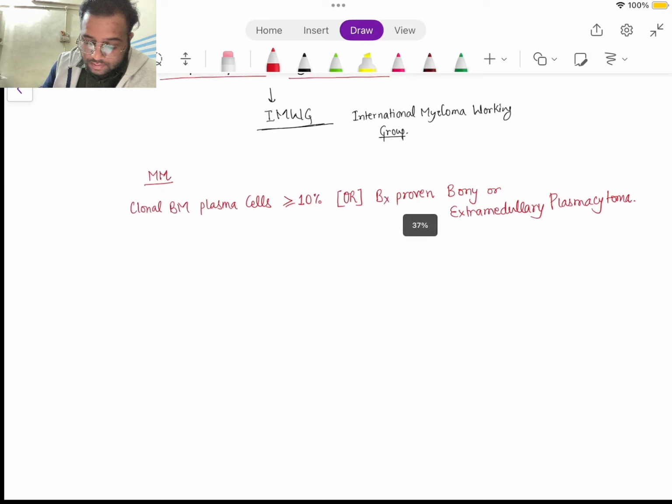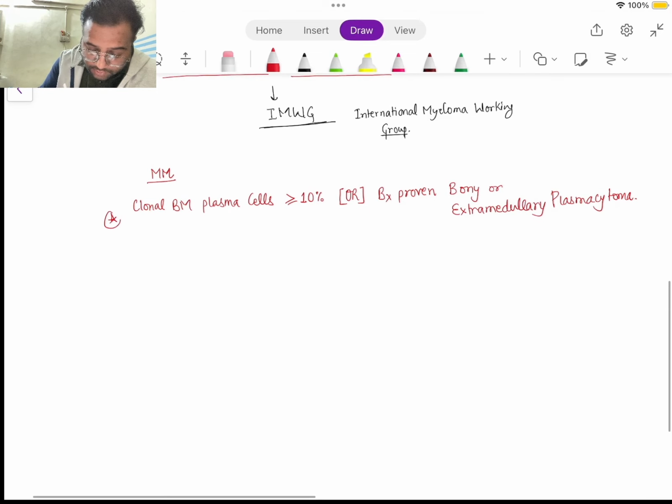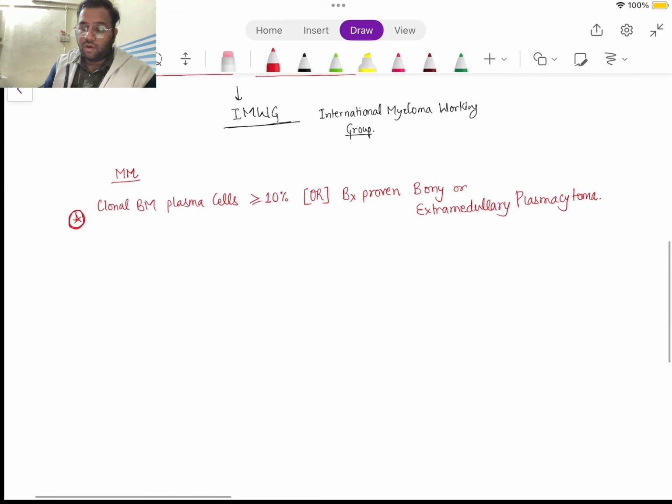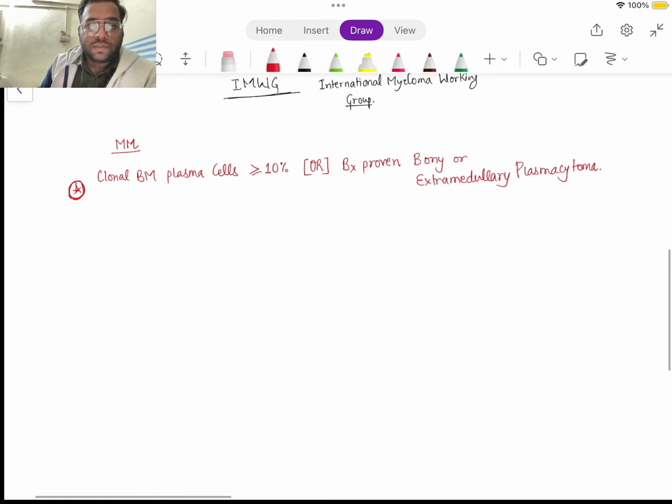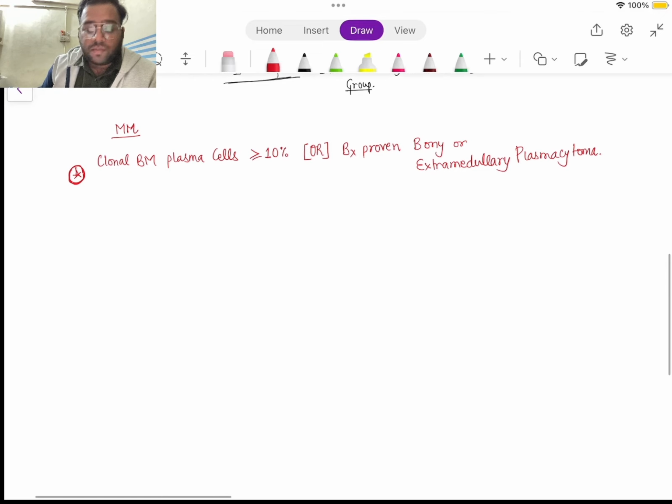Okay, so this is the first criteria, which should always be there: either more than 10% clonal plasma cells in the bone marrow, or a biopsy proven solitary bony plasmacytoma or extramedullary plasmacytoma.